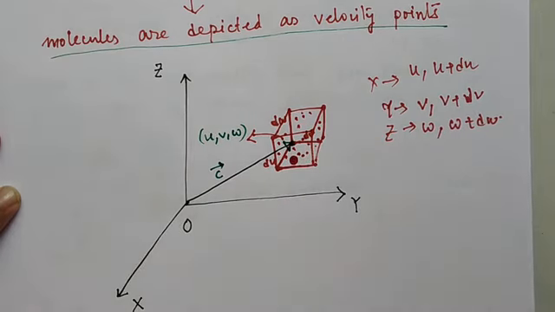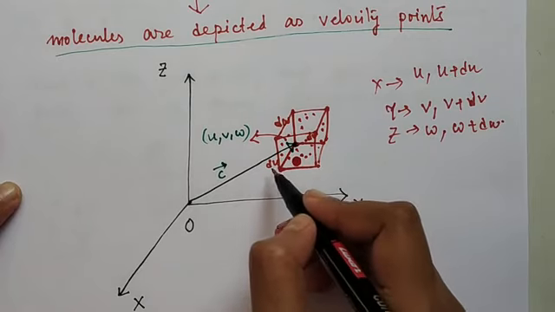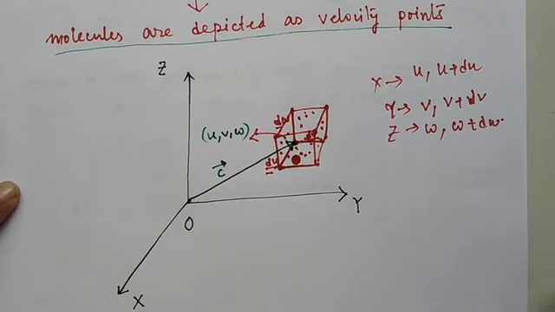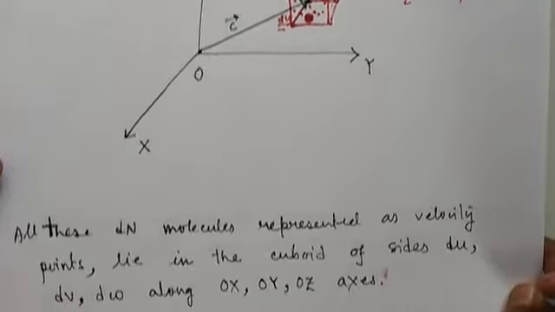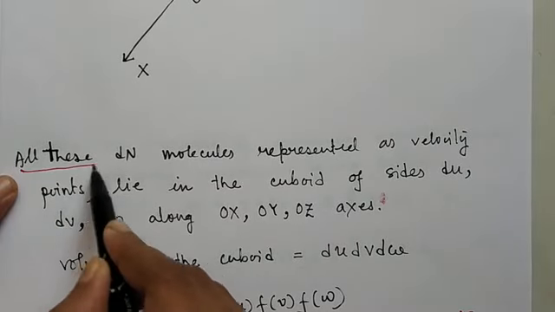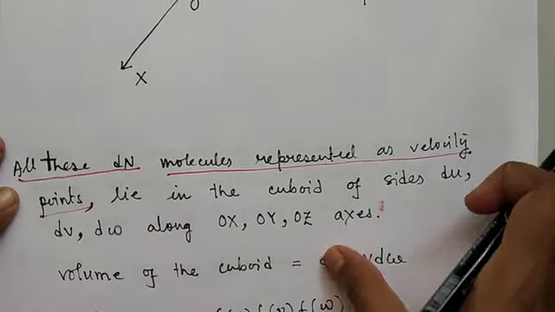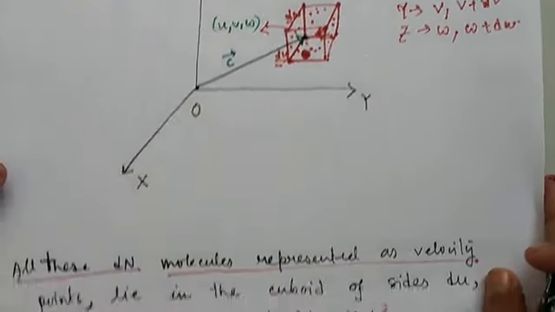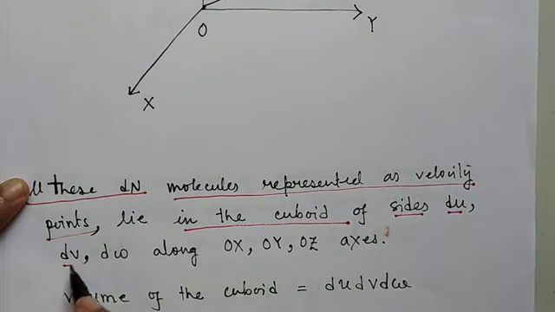So all the dn molecules, represented as velocity points in this velocity space, will lie within the cuboid with sides du, dv and dw, which are parallel to the ox, oy and oz axes respectively.